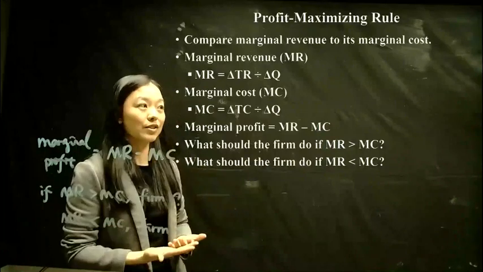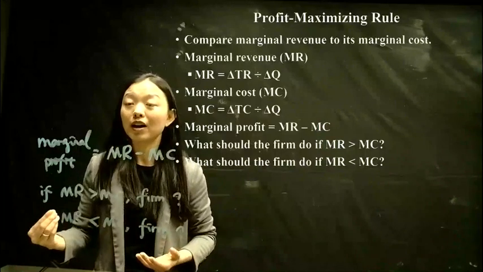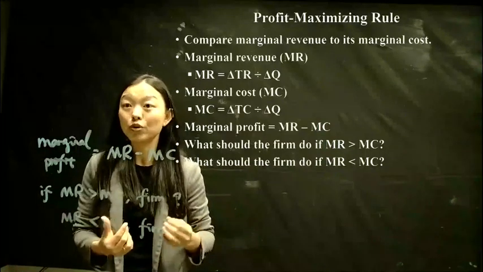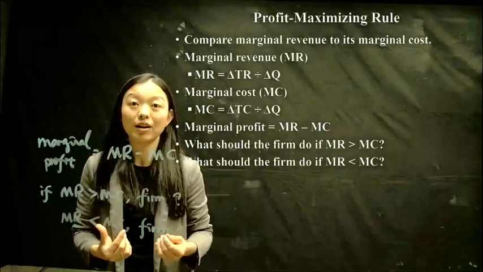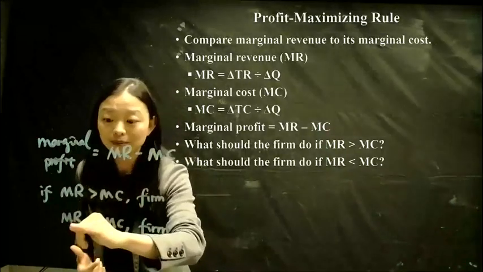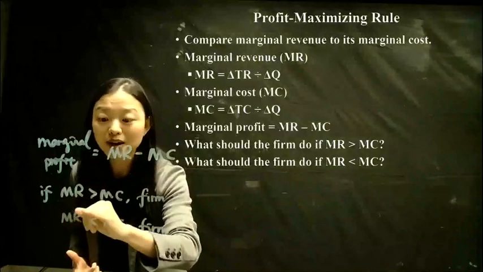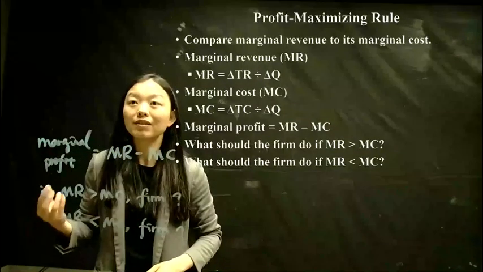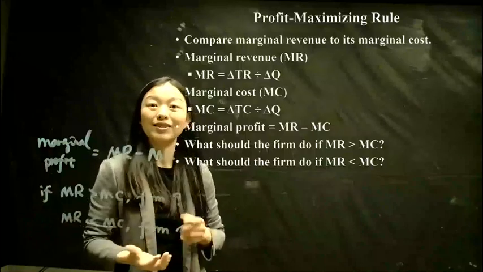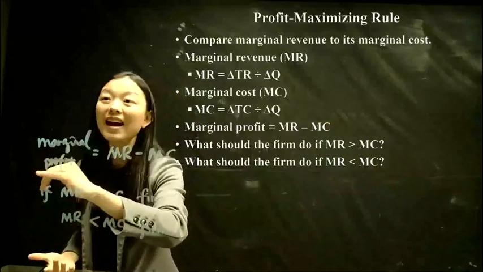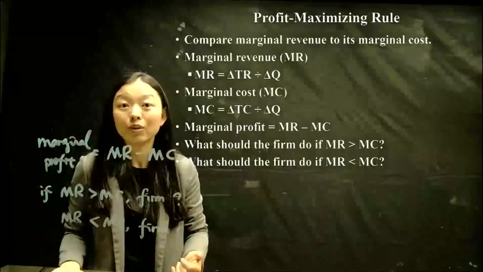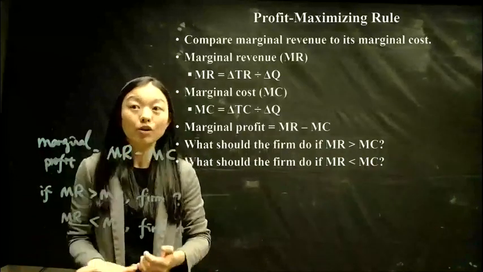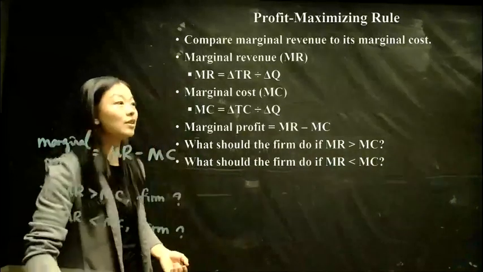However, think about another case. If the firm decides to produce one additional unit of output, but the marginal revenue is smaller than the marginal cost, which means producing this additional unit will bring us negative profit, then the firm would definitely choose not to produce that unit, right?